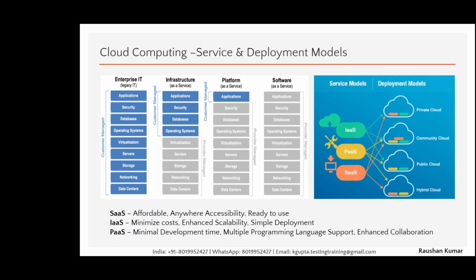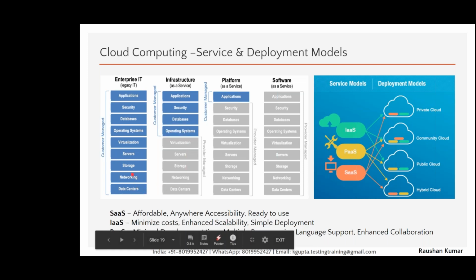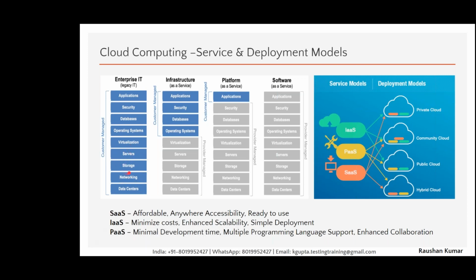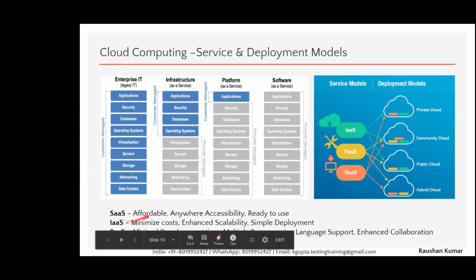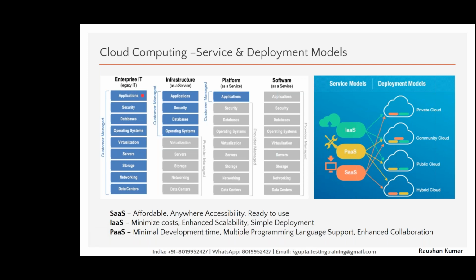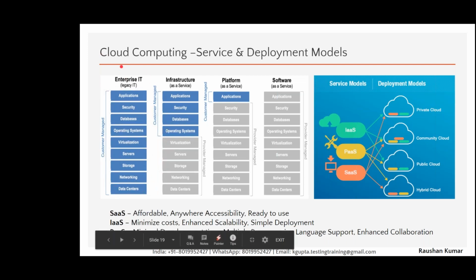If I am constructing my data centers and networking, purchasing all the servers and storage servers, virtualization software, operating systems and databases, and then deploying my application, that's on-prem infrastructure. I'm owning the data center and all the hardware. That's on-prem.